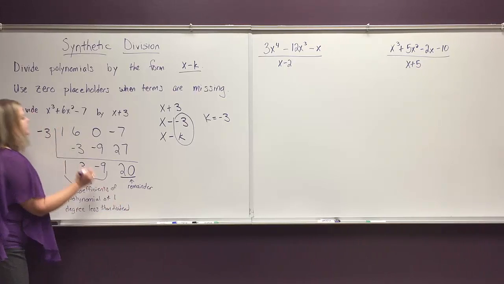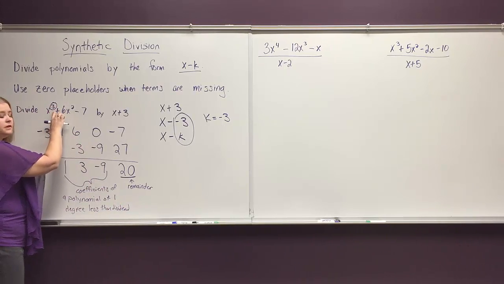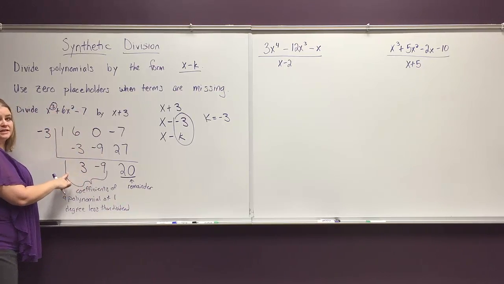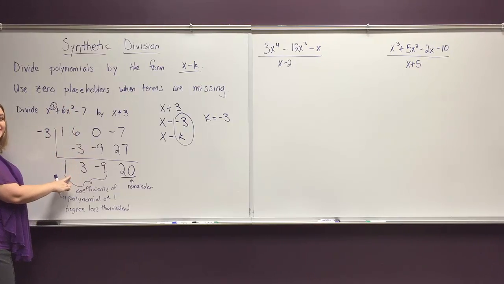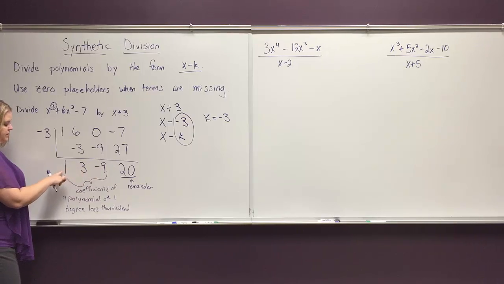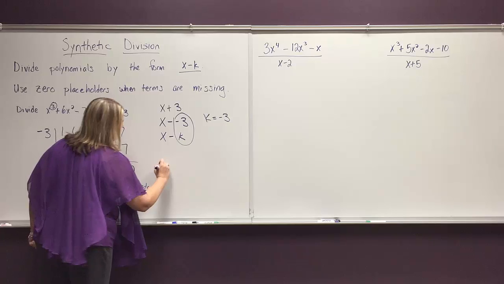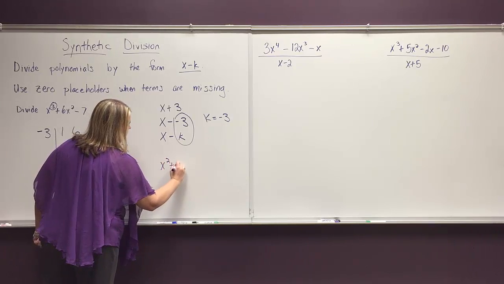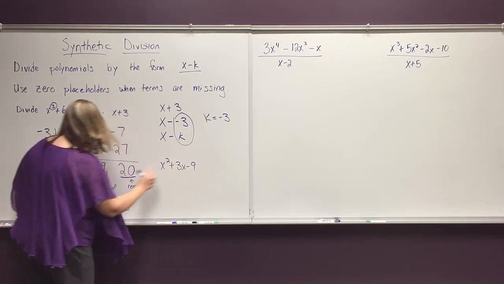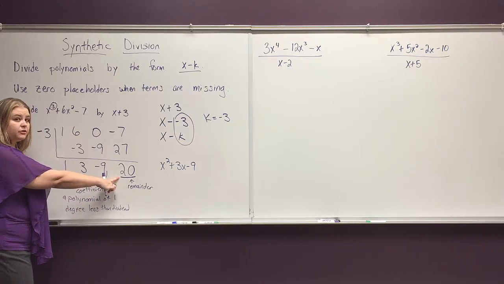So in this case, I had an x cubed, so my result is going to be an x squared. This was third degree, this will be second degree. So it'll be a quadratic. So these will be the coefficients, so x squared plus 3x minus 9 is my result, along with the remainder 20.